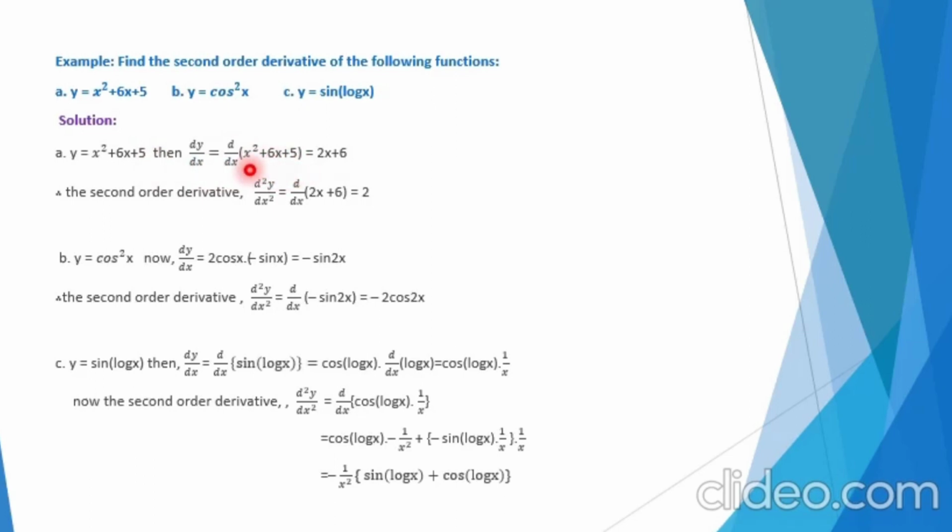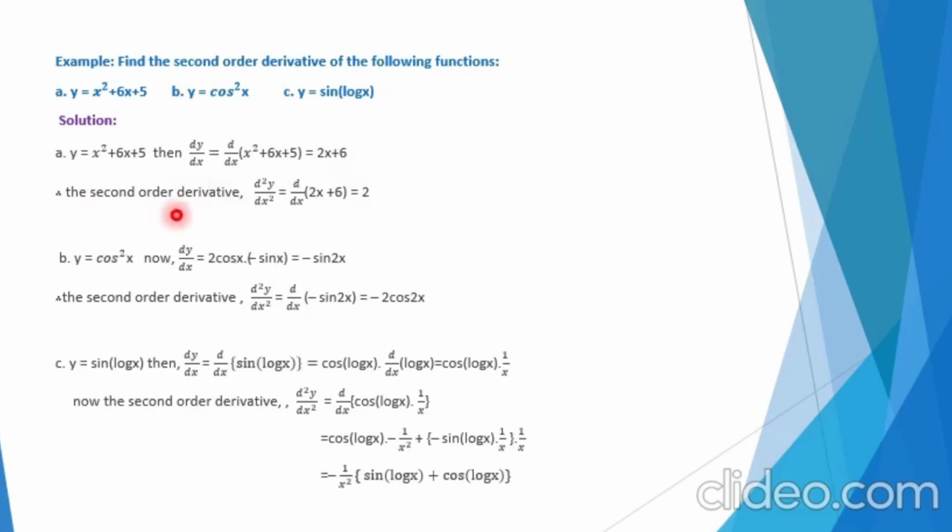Using the formula d/dx of xⁿ is n xⁿ⁻¹, we get the derivative of x² is 2x, plus the derivative of 6x is 6, and the derivative of the constant term 5 is 0. Therefore the resulting function is 2x + 6.